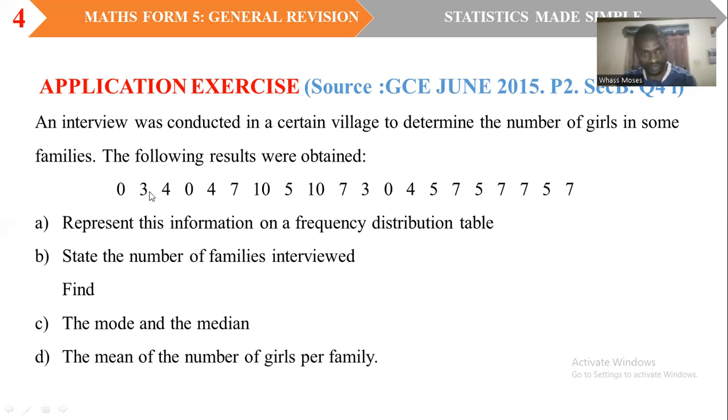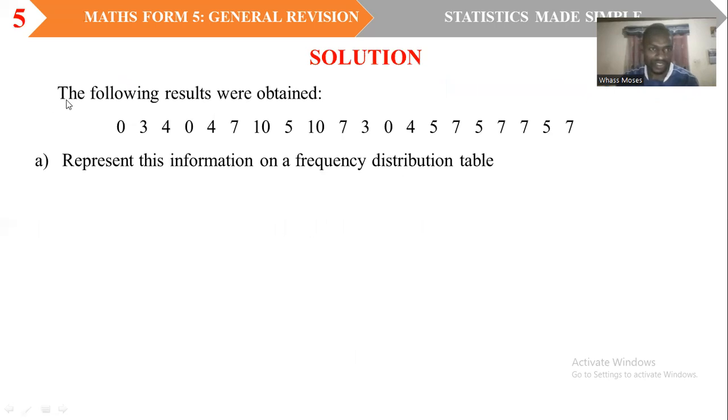As a solution, we need to bring back the results that were obtained. So the results obtained were 0, 3, 4, 0, 4, 7, 10, 5, 10, 7, 3, 0, 4, 5, 7, 5, 7, 7, 5, 7.